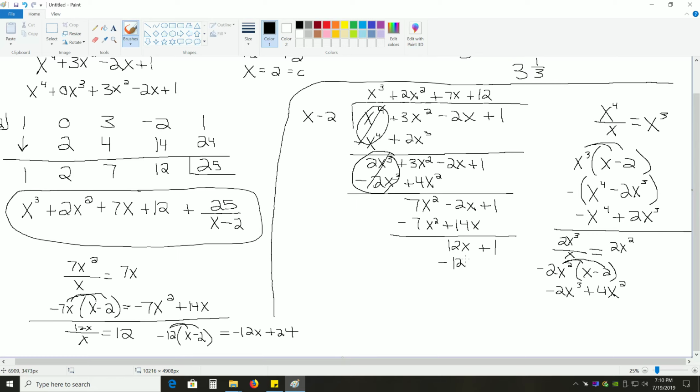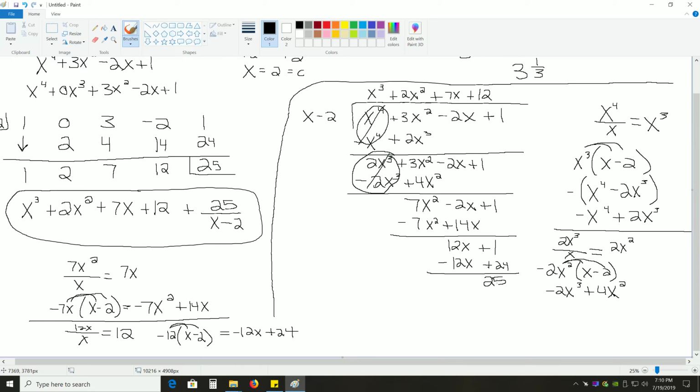And like always, our first terms will cancel out. If this doesn't happen, it means you did something wrong along the way. So our 12x will cancel with the negative 12x, leaving us with 1 plus, oh, that should have been a 24. I got a little bit ahead of myself here. 1 plus 24, which then gives us 25.